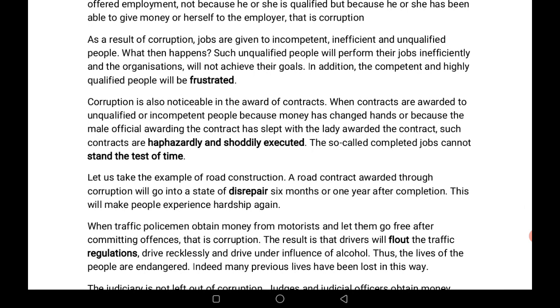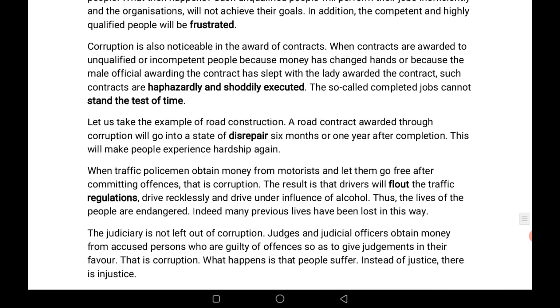And such contracts cannot last long. That is, they only last for a while, and after a while, the contract or the road, for example, goes back to a state of disrepair.